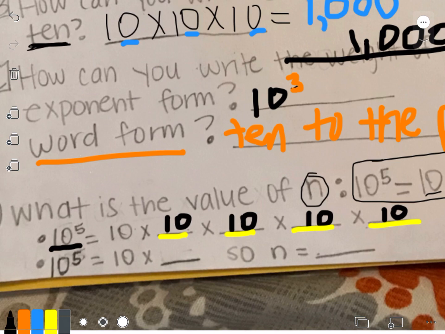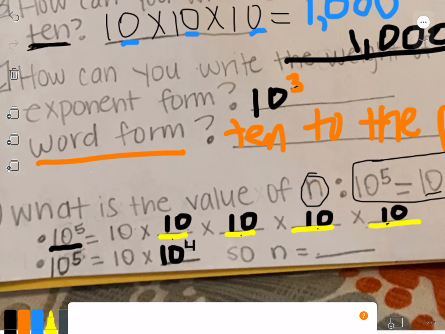So if you had 10 times 10 times 10 times 10, that's 4 10s. But you wanted to write it using exponents, you would do 10 to the 4th power. Because again, the 4 tells you how many 10s you should have. 1, 2, 3, 4.